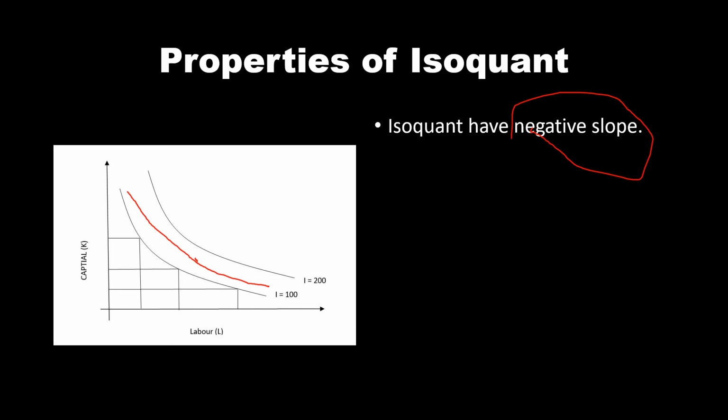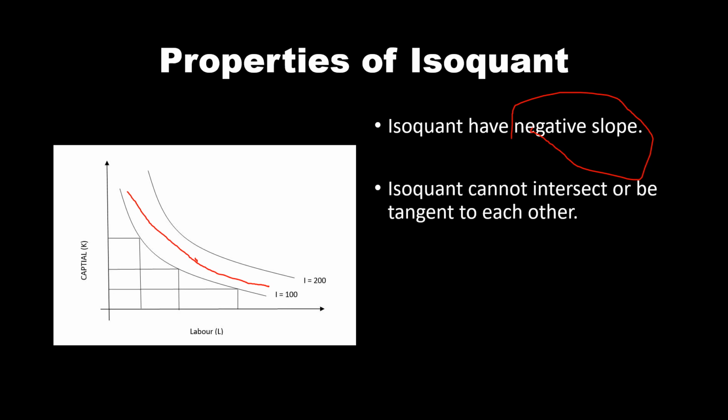Now, the next property is that isoquants cannot intersect or be tangent to each other. They should not intersect each other. Another property is that they are convex to the origin. As you can see, the shape is convex to the origin.